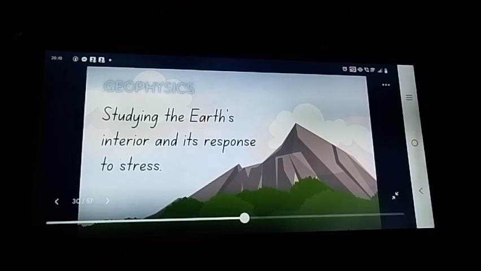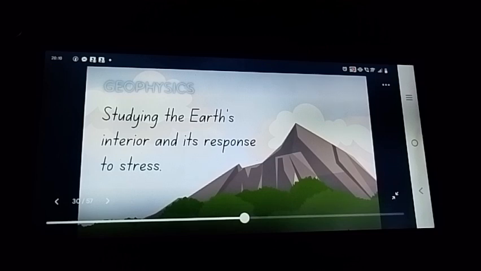Meteorites. Meteorites are fragments of asteroids and other celestial bodies that have fallen to Earth. And laboratory experiments. Geologists conduct experiments in laboratories to simulate the conditions found deep within the Earth, such as high pressure and temperature.